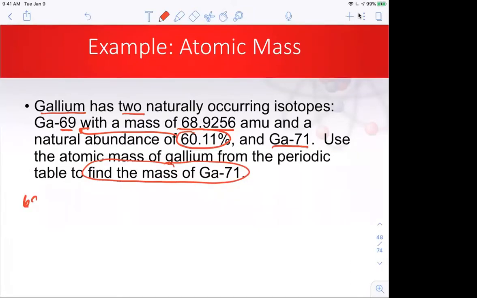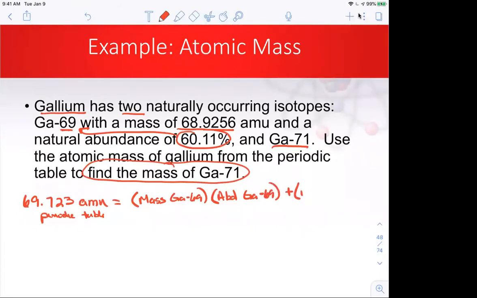So 69.723 AMU, which is off the periodic table, is equal to the mass of gallium-69 times the abundance of gallium-69 plus the mass of gallium-71 times the abundance of gallium-71.